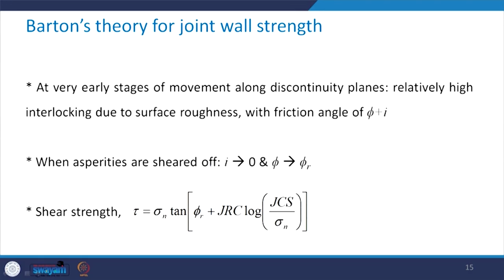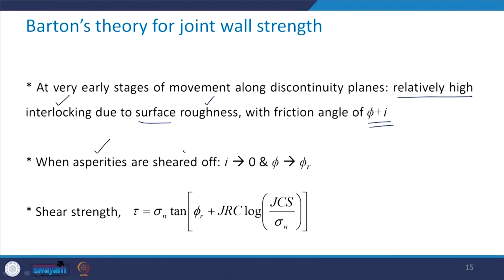Now, at very early stages of movement along the discontinuity planes, there is relatively high interlocking due to surface roughness. So, it will have a friction angle of phi plus I. We have discussed this in detail: when the joint surface has teeth, and you have a large value of the normal stress, as towards the end of the test, these asperities are sheared off.